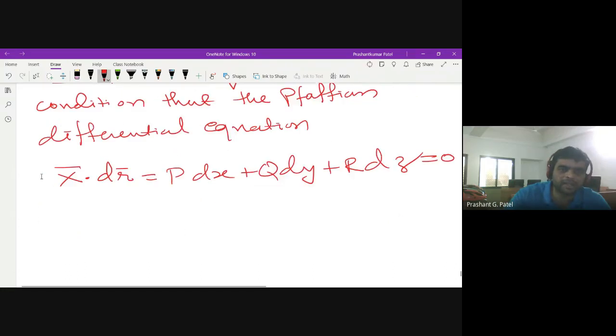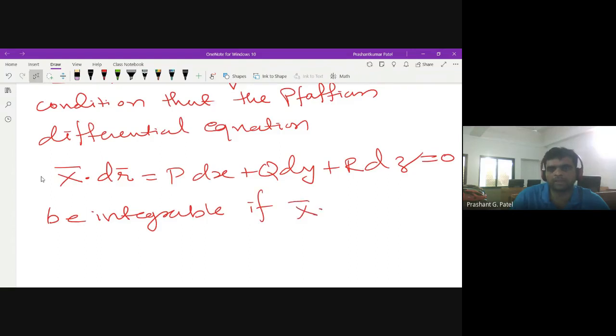The equation is integrable if x bar dot curl of x bar is 0. So it says that x bar dot curl of x bar is 0. What is x bar?